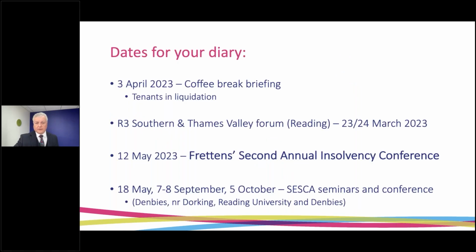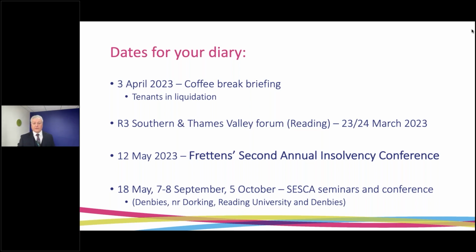And I'll just mention a few important dates to you that you might want to jot down if you haven't already got them. First of all, our next coffee break briefing, which as I said is going to be on tenants in liquidation, is on Monday the 3rd of April. There is the R3 Southern and Thames Valley Forum in Reading on the 23rd and 24th of March, and I think they're still accepting bookings for that, but you'll need to be quick.